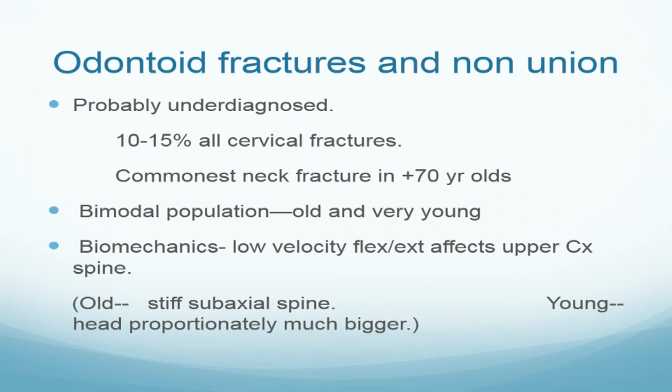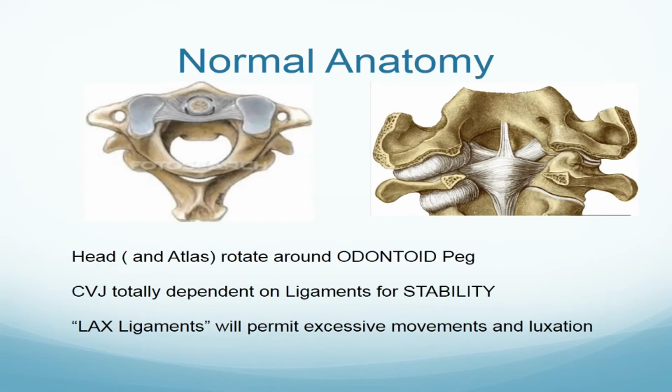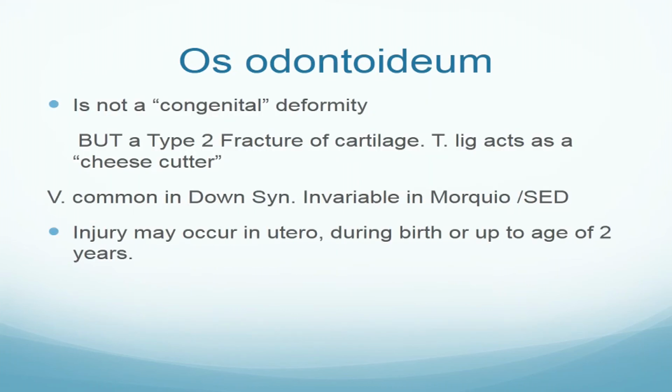We said it yesterday, it's been brought up in today's speakers again. The odontoid peg, all that area, its stability is totally dependent on ligament, totally. And if you have anything where there are lax ligaments, it will make it very likely.